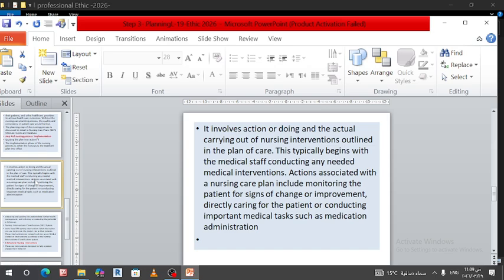This typically begins with contacting the medical staff for any needed medical intervention. Actions associated with the nursing care plan include monitoring the patient for signs of change or improvement, directly caring for the patient, or conducting important medical tasks such as medication administration.